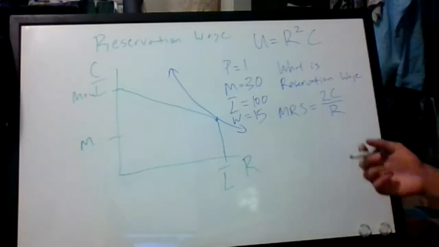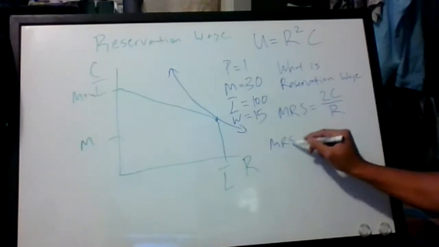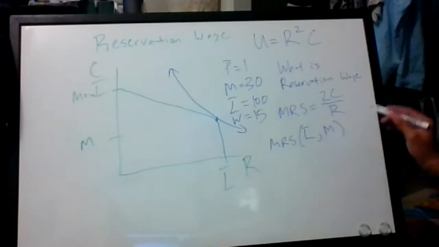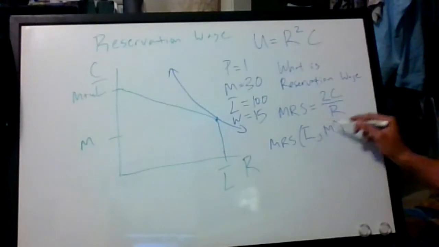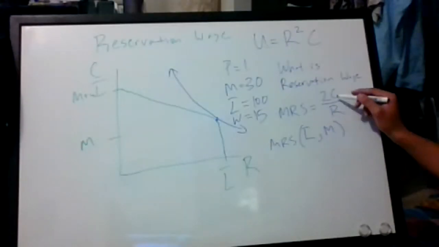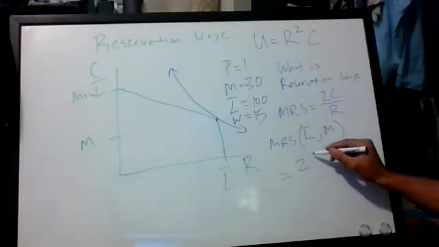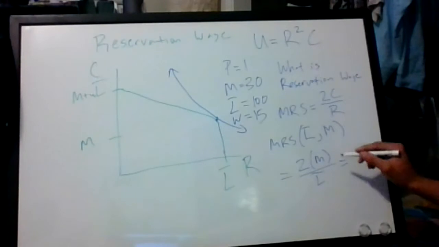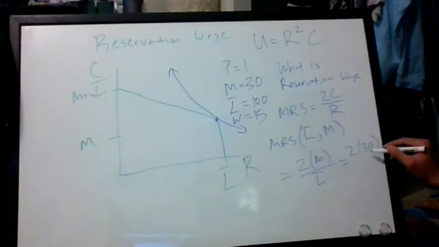And we're interested in seeing what it is at the point where we have L bar, comma, M. We can plug these values in. This L bar is going to be the value for R, and this M right here is going to be the value for C. And we get that we have 2C, which is equal to M, so 2M over L bar, which is going to be equal to 2 times 30 over 100.